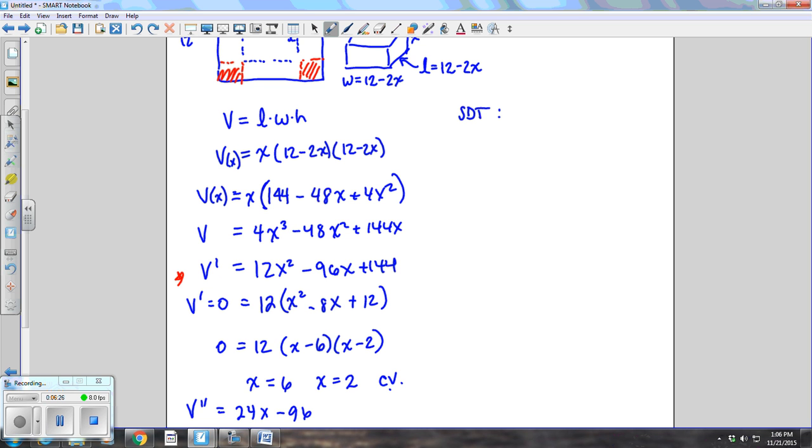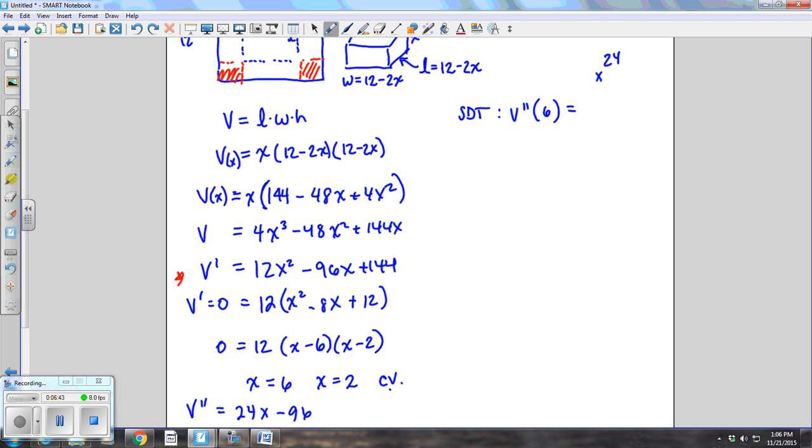And so by using the second derivative test, what we're going to do is evaluate for concavity. So taking the second derivative and plugging in our critical value of 6, we've got 24 times 6 minus 96. Right off the top of my head, don't know that number because I hate multiplying.